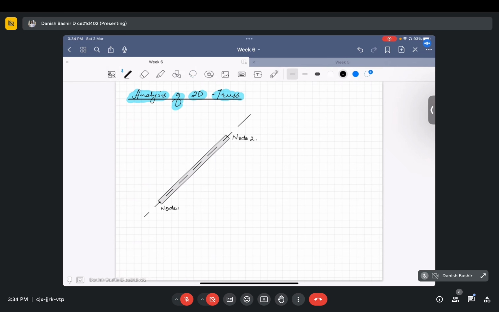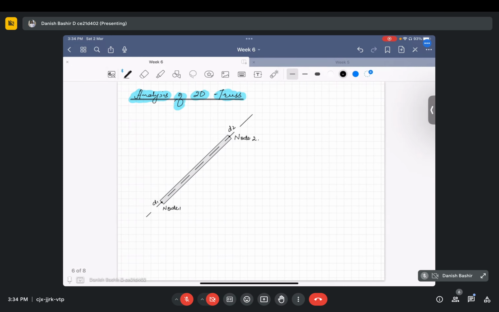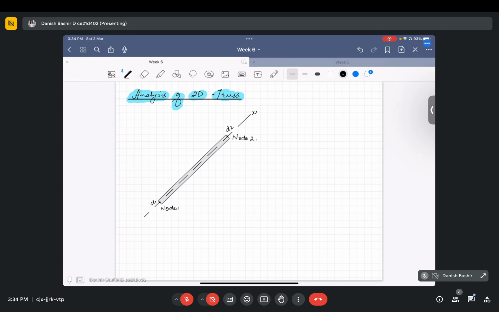Let that be equal to d1 here, that's the local nodal displacement, and d2 here. This is its small x axis, xx.